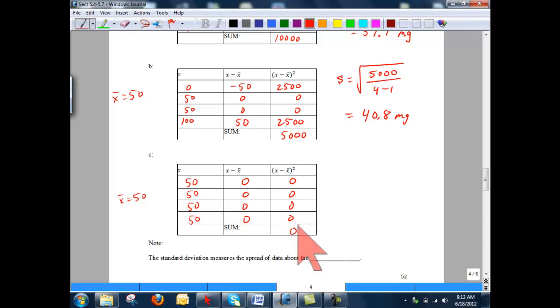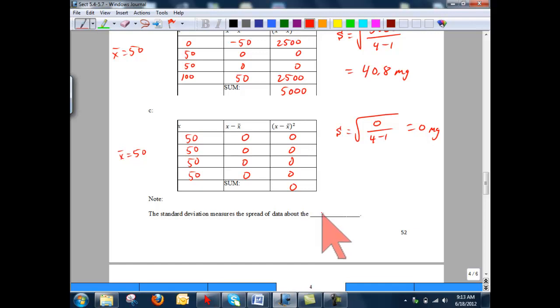When I add those together, I get 0. And so for the standard deviation, I get 0 divided by 4 minus 1. But this is still 0, and then the square root of 0 is 0. So this is good. The third sample had no spread or variation, and the standard deviation therefore works out to be 0. Otherwise, it will be some positive number, and the bigger the number, the greater the spread.